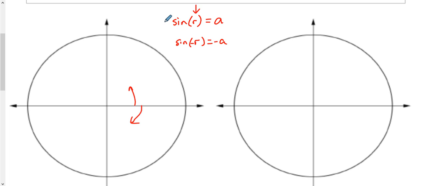Sine is y. If this point right here is a comma b, which one of these is the y? This one, right? So just keep that in mind as you're doing those questions. Again, if it does cosine, that's one thing. If it does tangent, that's another thing.